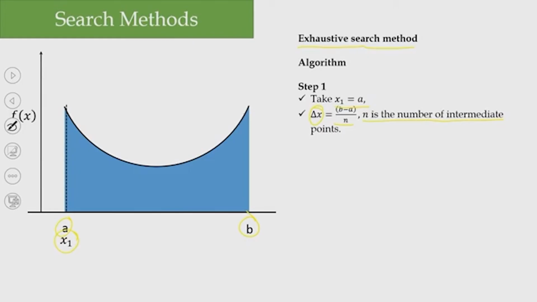Once you have your step length, take another 2 points, x2 and x3, where x2 equals x1 plus delta x and x3 equals x2 plus delta x.